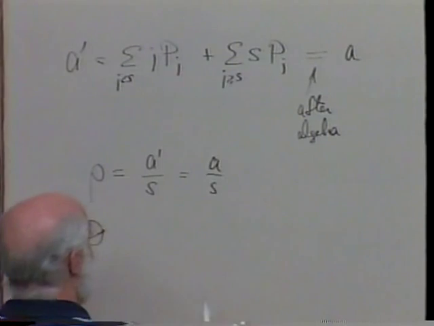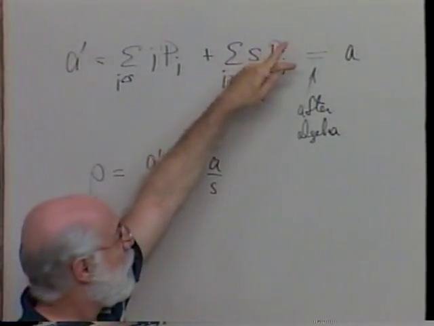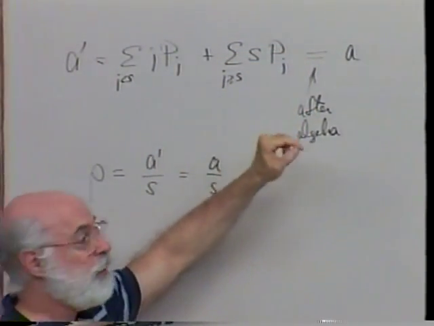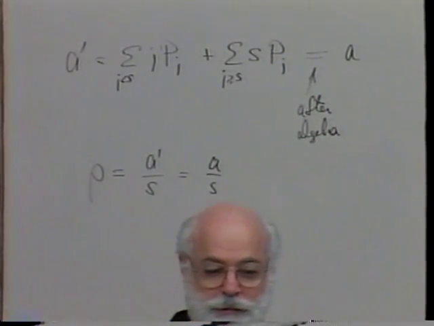So that makes everything easy, because now I can talk directly in terms of server utilization. With the Erlang B, I couldn't do that. So this is a nice simplification. And this is just an arithmetic exercise to prove that from this definition, carried load and offered load are equal.